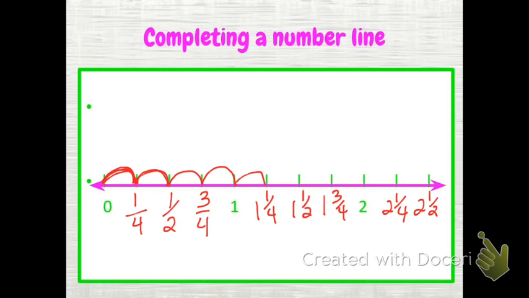Okay, so far, we put in all the numbers, and then we're going to write the decimals. So 1/4, I think you know that as a decimal, but if you don't, put it in your calculator. 1 divided by 4, and what's that as a decimal? 0.25. What's 1/2 as a decimal? 0.5. And 3/4, 0.75.